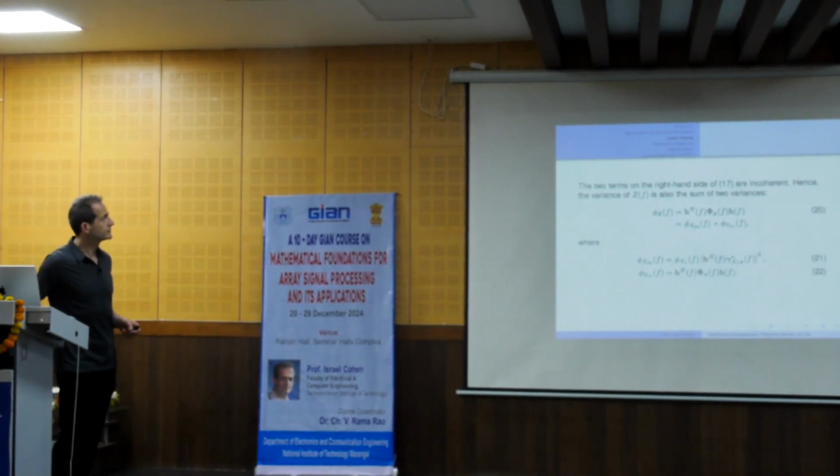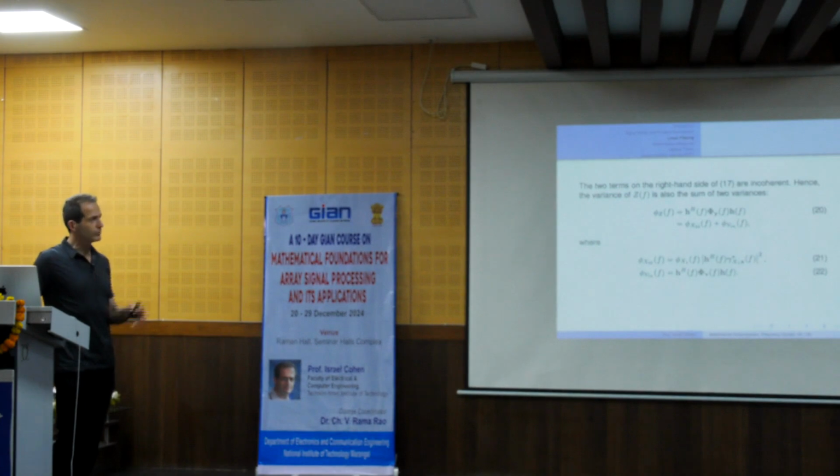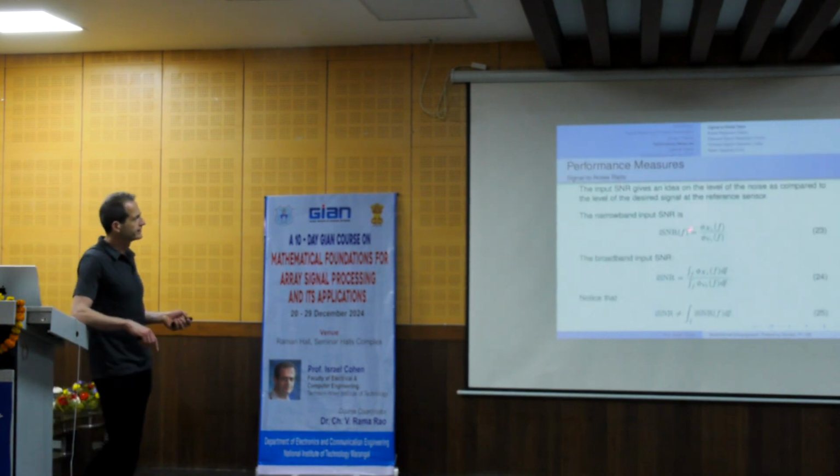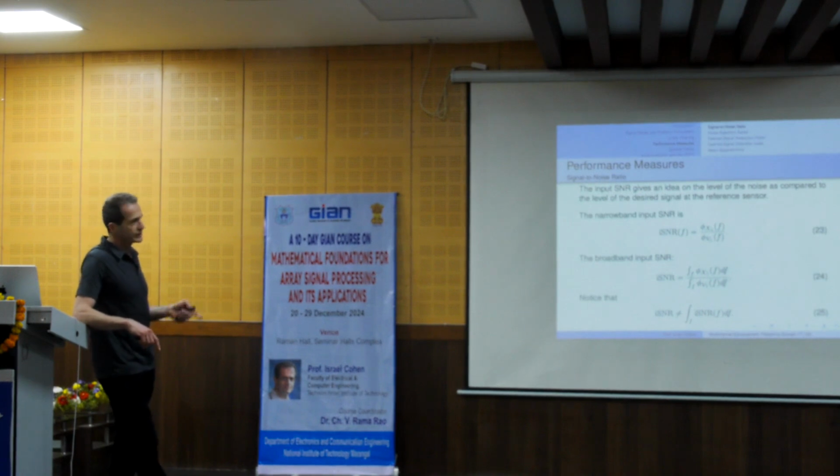Continue. Okay, let's continue. So now we started already with the performance measures, but we can continue. So with the performance measures, we have the narrowband signal to noise ratio, just like we wrote before. And we can define the broadband input SNR, which is the summation or integral of the variance over all frequencies.